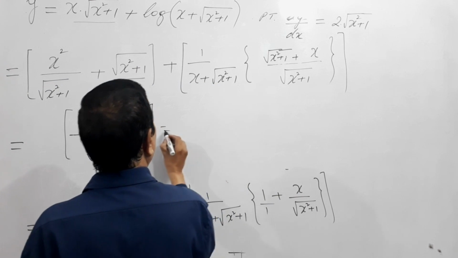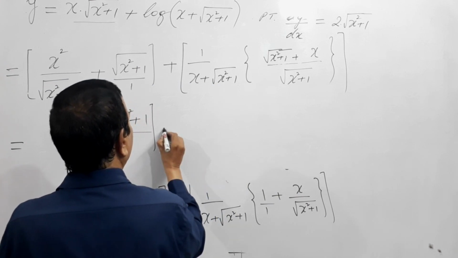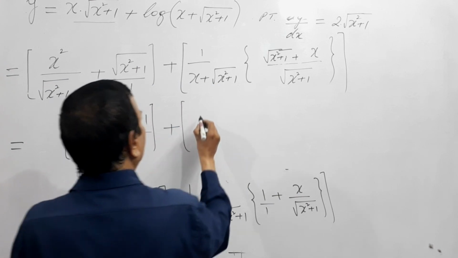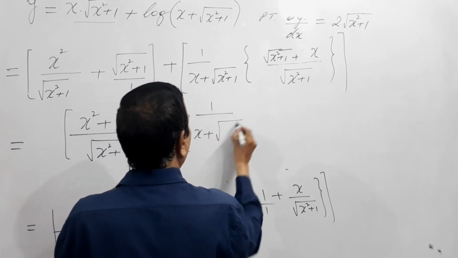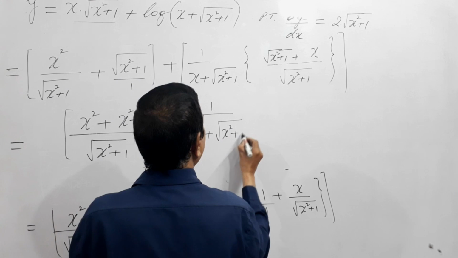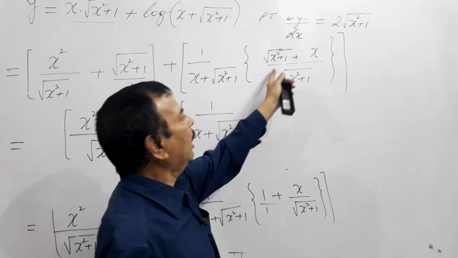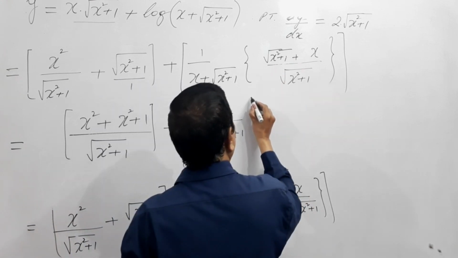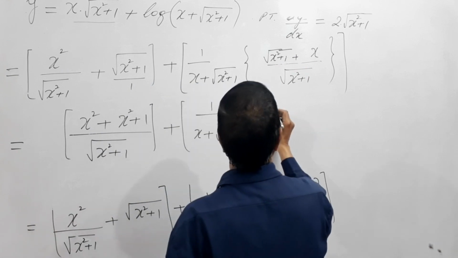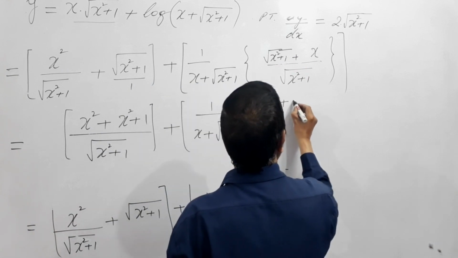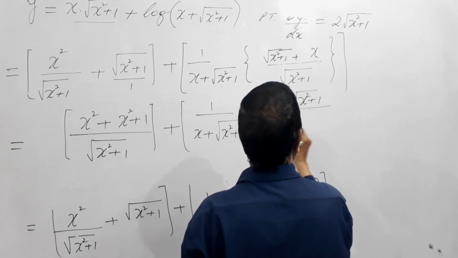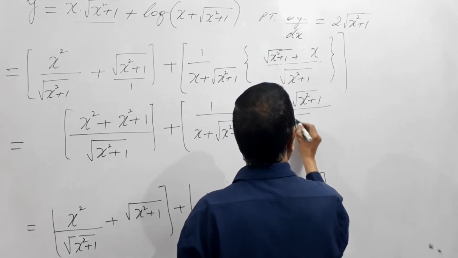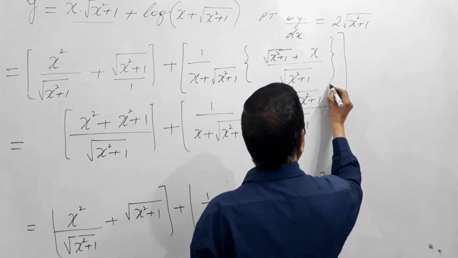Plus 1 by x plus under the root x square plus 1. So I will rearrange this. So this becomes what? x plus under the root x square plus 1 divided by under the root x square plus 1.